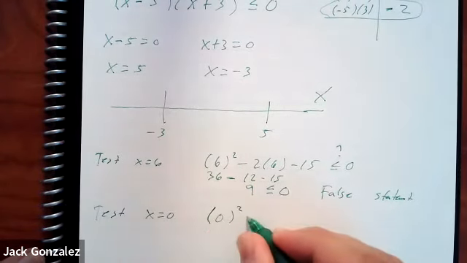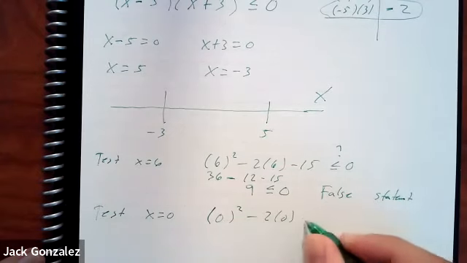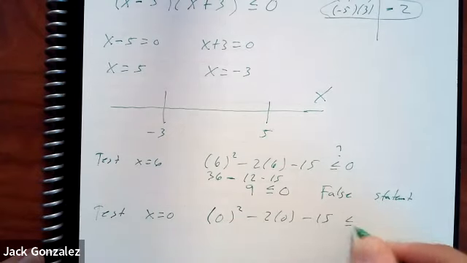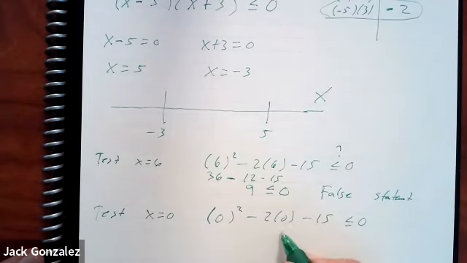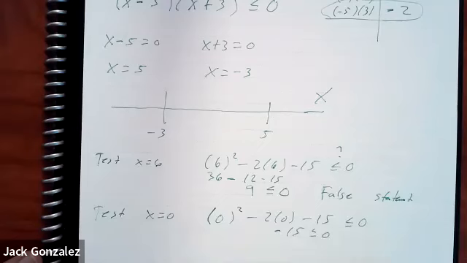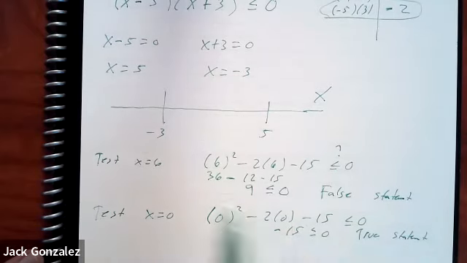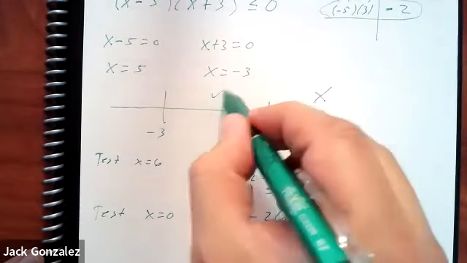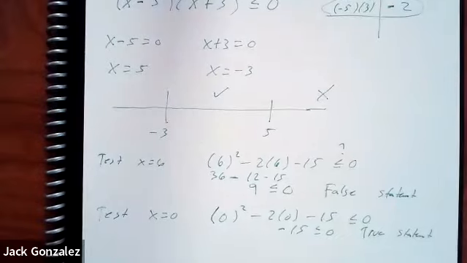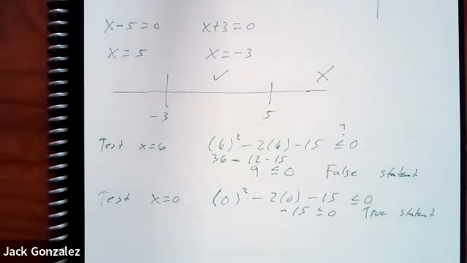So 0. These will be gone. Is -15 less than or equal to 0? Okay, so cool. So all the numbers between -3 and 5 will be solutions. Okay, part of the set.